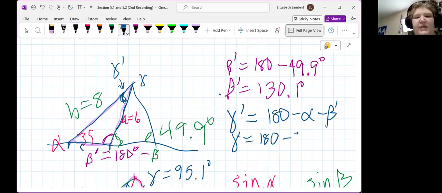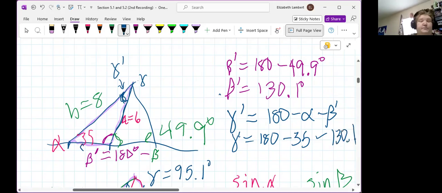So 180 minus 35 and minus that 130.1 we just calculated. We get 14.9 degrees.